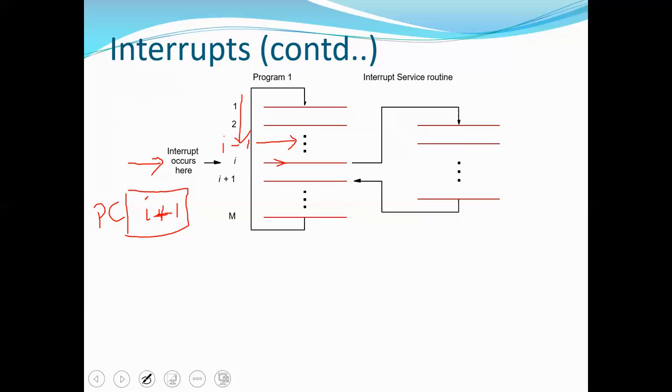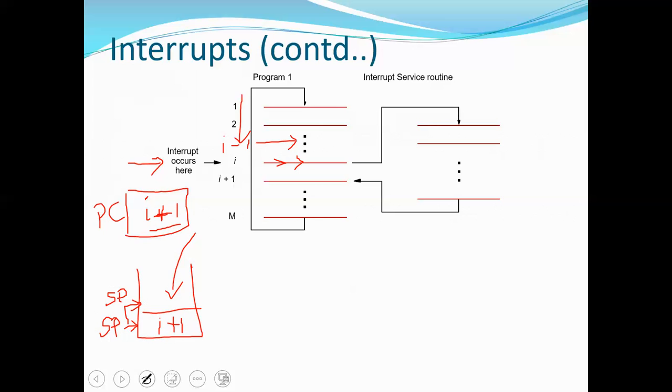Now, when the ith instruction was under execution, an interrupt has occurred suddenly. Now the value that is in PC is moved to a stack. I plus 1 goes on the stack, meaning the value present in PC is moved to the stack, and the stack pointer which was here is pointed to the next location. The stack pointer points to the topmost place where data can be filled.